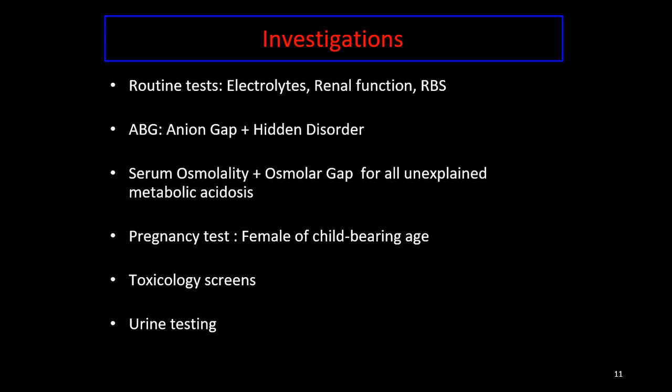Yes, more. The list is long. There is a good mnemonic to remember it. Yes, always asked in exams. MUDPILES. Okay, now elaborate MUDPILES. Okay. Now, which drugs cause low anion gap?